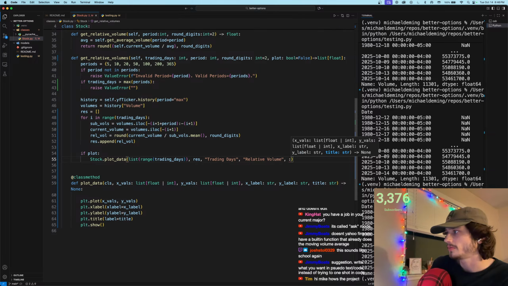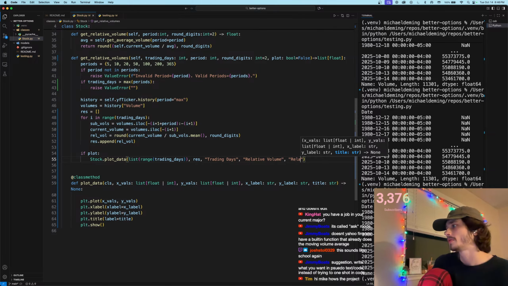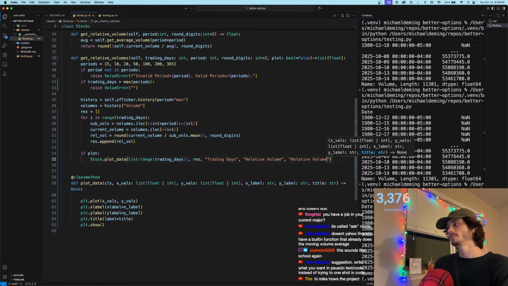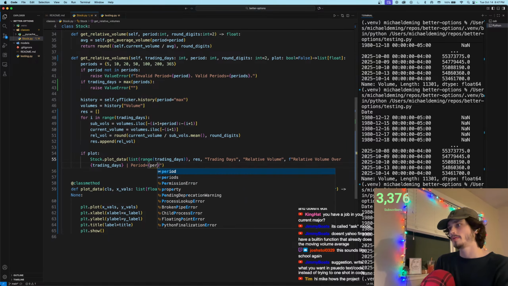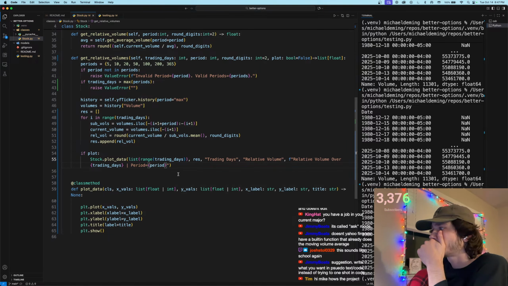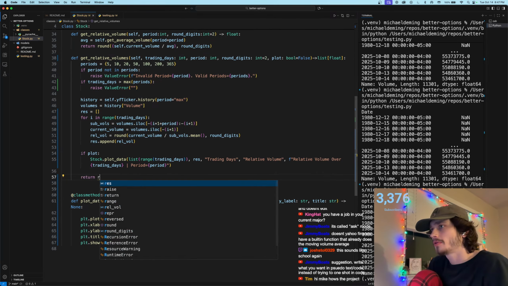And then the title will be relative volume over trading days. Period equal to period here, right? Now, no matter what, you're going to return the result that you get.